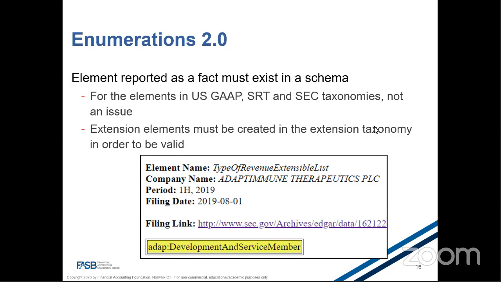Where it becomes an issue is when the filer is naming an extension element. That element has to be defined in their extension taxonomy. And so I have an example here.